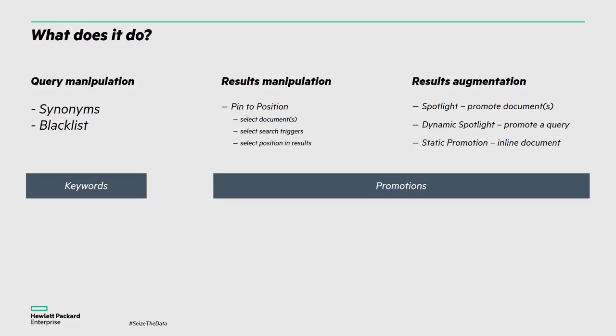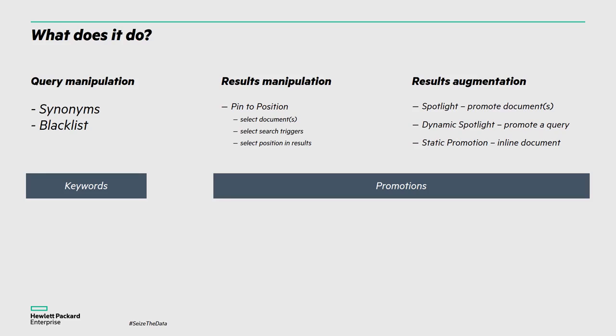The final type of query manipulation functionality is results augmentation. This is about showing additional results alongside your main results. So again, going back to the Google example, if you do a search for something, you'll often see adverts alongside your search results. This is a form of results augmentation.